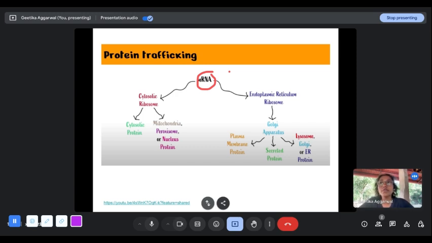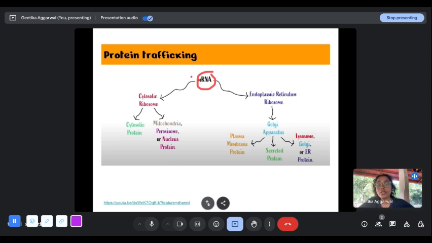This mRNA is produced by the transcription of DNA inside the nucleus, and then it gets transported into the cytoplasm after being processed, after splicing, capping and tailing. After all of that processing, it's sent out into the cytoplasm. In the cytoplasm, it can have two fates. It can be translated by the cytosolic ribosomes, which are the free ribosomes present in the cytosol of the cell, or it can get translated by the endoplasmic reticulum ribosomes.